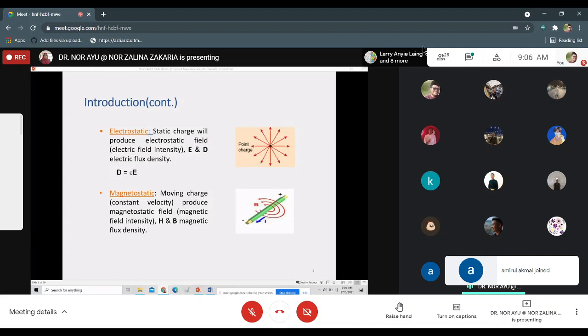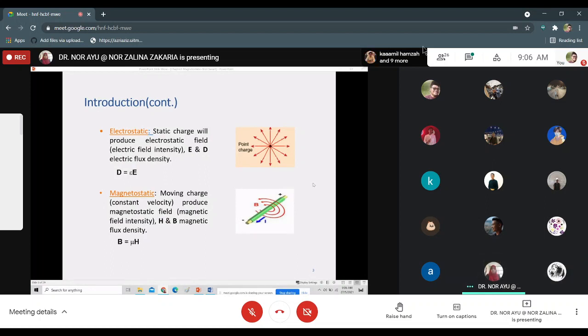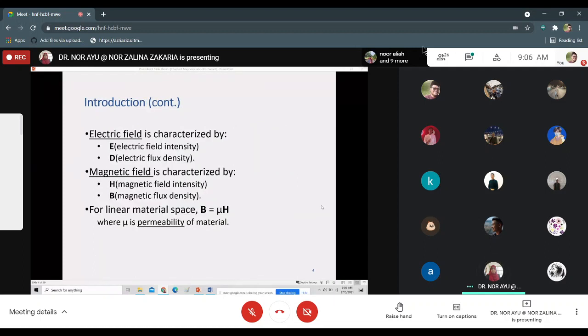You can see in the figure here, this is the magnetic field intensity, moving like a curl surrounding the line current. At the same time, it is a constant current flow, or direct current.